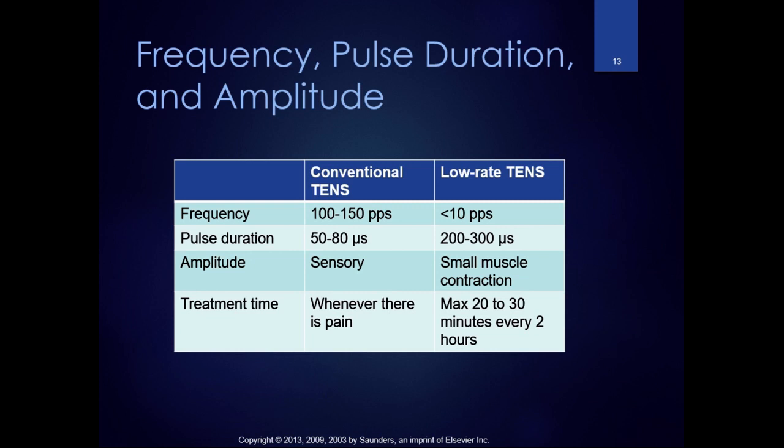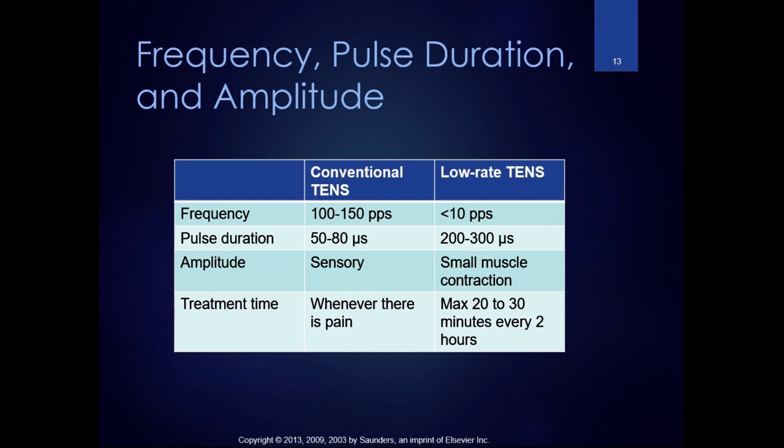So here's our conventional versus low rate TENS: frequency, pulse duration, and amplitude. This is a table from the book. Conventional TENS, you can do it whenever there's pain, and low rate TENS maximum 20 to 30 minutes every 2 hours, because you don't want to get the muscle fatigue with it.